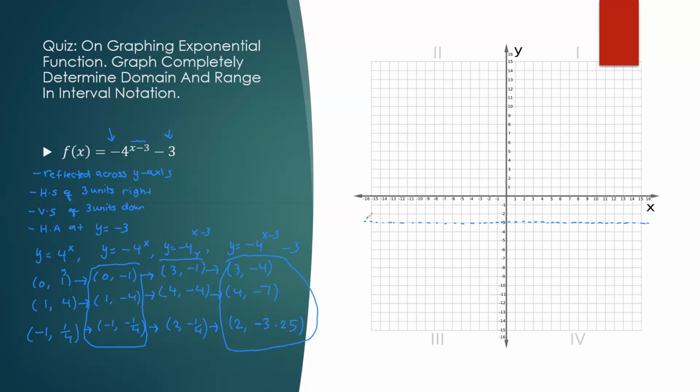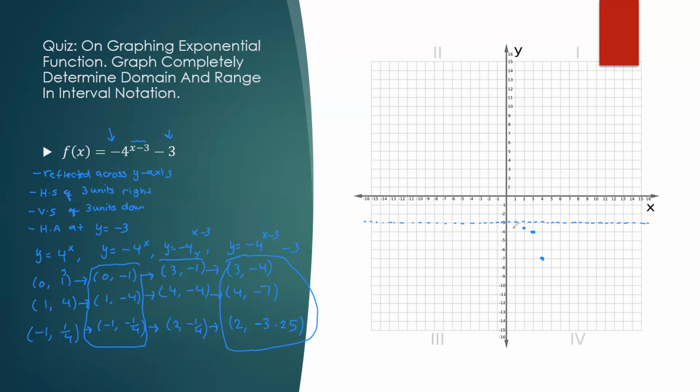Then what I would do is just plot these 3 points. So (3, -4) would be right here. (4, -7) will be right there. And then (2, -3.25), sorry, is right about there.